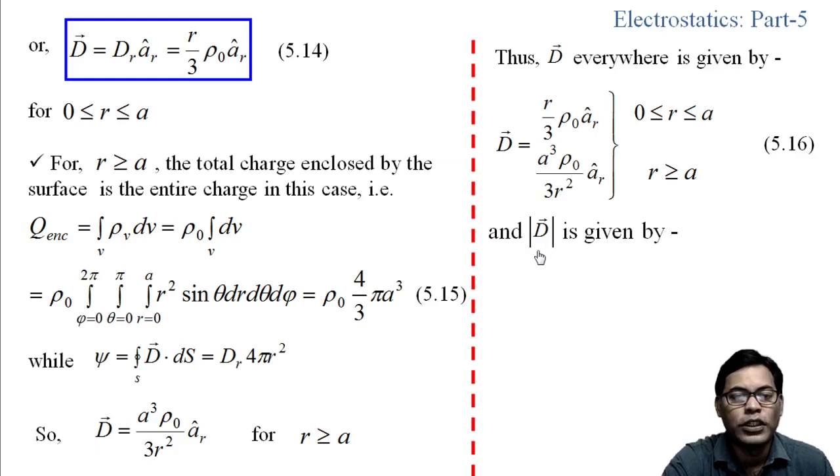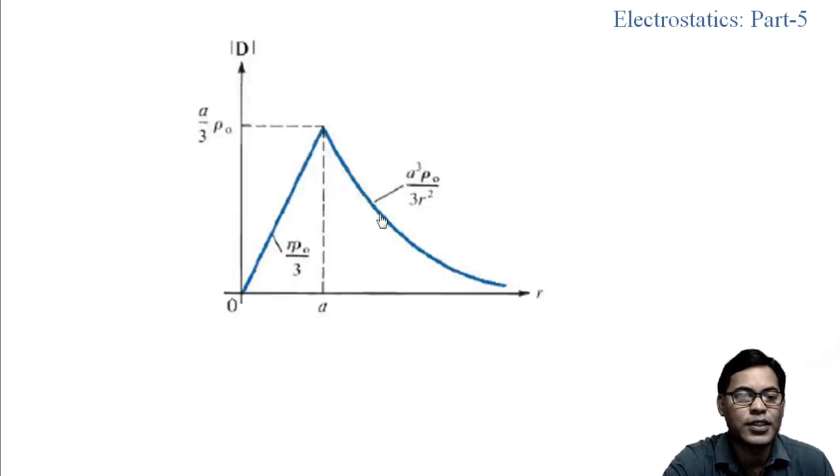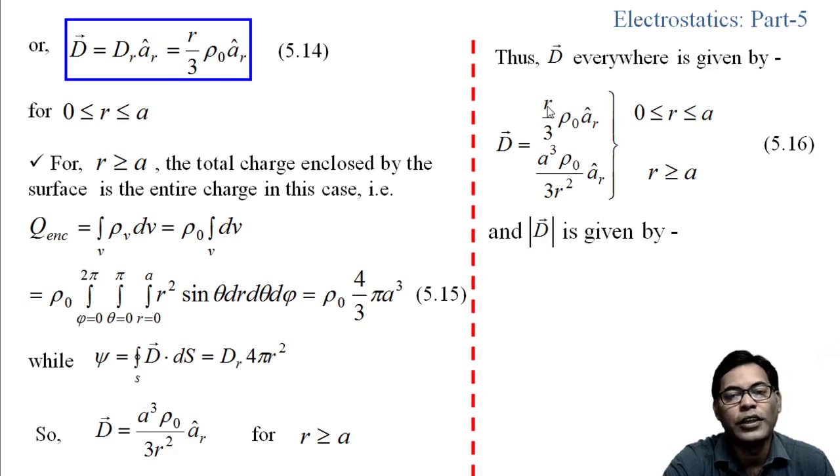Now if we consider the mod of D, we can draw the graph, which will give us the idea how the flux density or the field intensity varies with the variation of small r. That we can see in the diagram. From the first equation, if r equals 0, then D will be equal to 0.